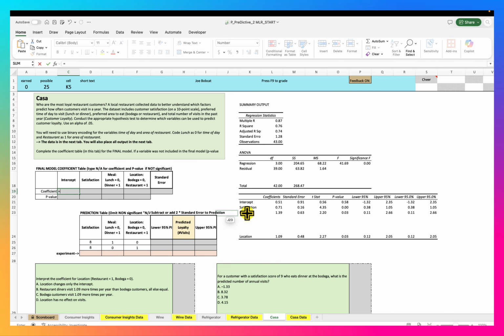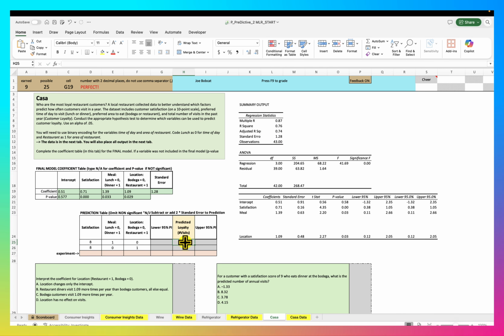So the intercept coefficient, p-value, satisfaction, coefficient, and p-value, meal, coefficient, and p-value, location, coefficient, and p-value, standard error.